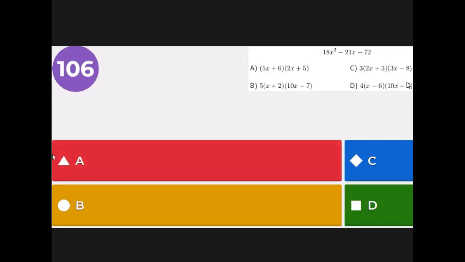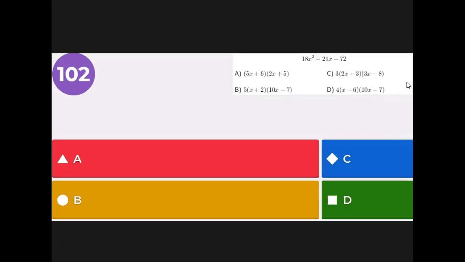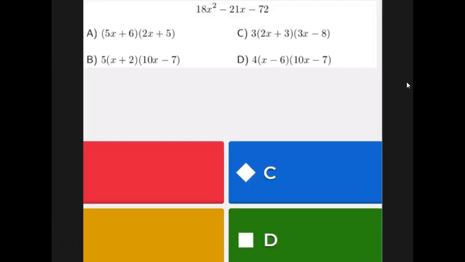Okay, so as long as you know A is red and B is gold, I can actually just scooch that in a little more. You see, I'm not too sure.